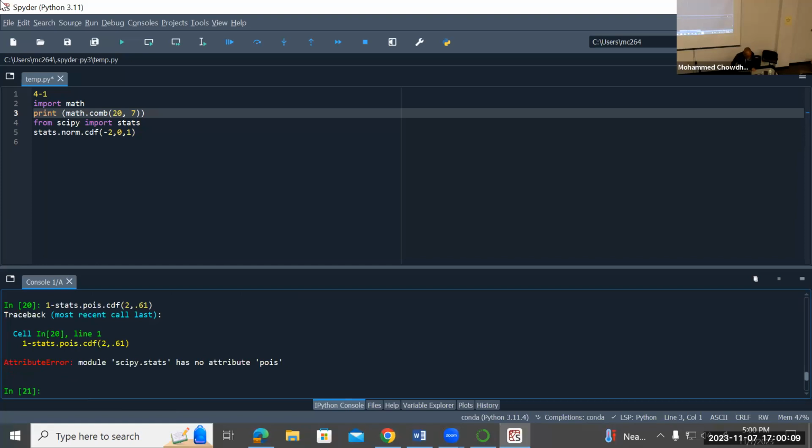So then what is that? stats.poisson.cdf. So what will I have to do? Could you find for me Python code for finding Poisson probability? Help me, please.